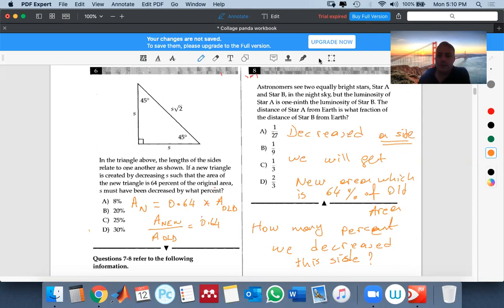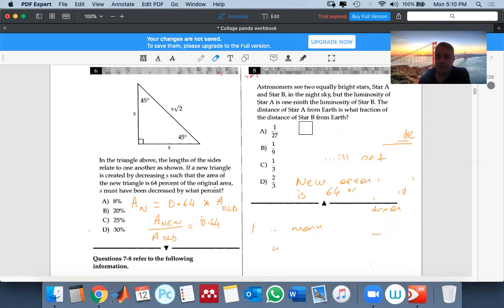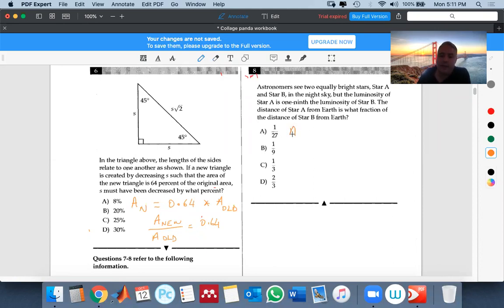Now I will clean the right side, by writing the area formula. Area is equal to 1/2 times base, which is here S, times the other base or the altitude. That's it. So area is equal to S squared over 2.